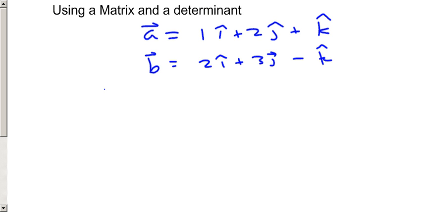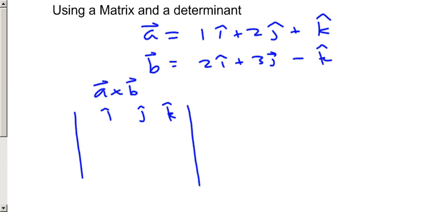And I want to find A cross B. The method here is that we write a matrix as in the top we're going to have I, J, and K. And then the next row are the A coefficients. So we have 1, 2, and 1. And then the next line is my B. So 2, 3, and negative 1.